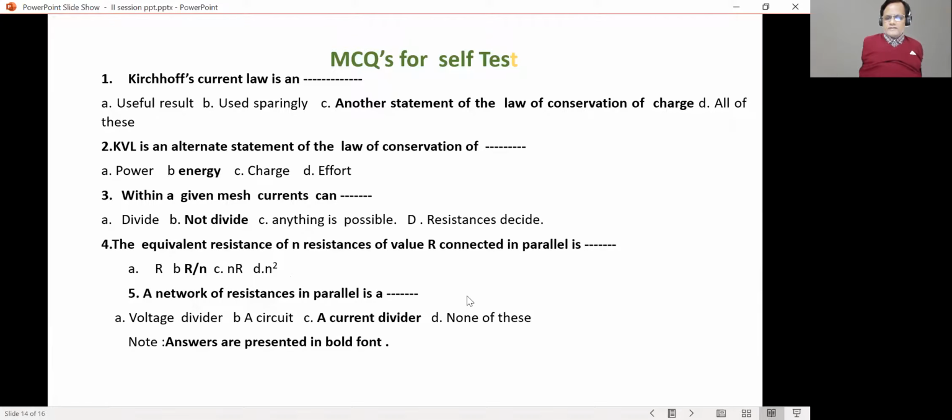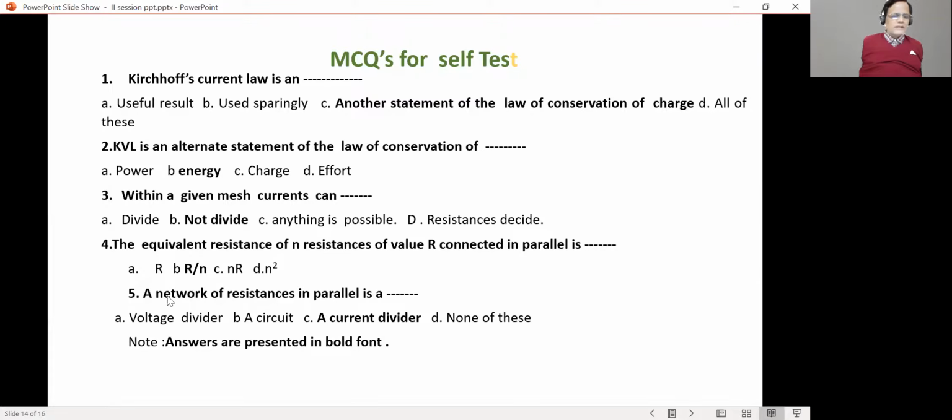If n resistors of value R are connected in parallel, then 1 by Rp is equal to 1 by R plus 1 by R plus 1 by R up to n terms. So that will be n by R. The reciprocal would give you the Rp, which is simply R by n. So, choice B is the correct answer.